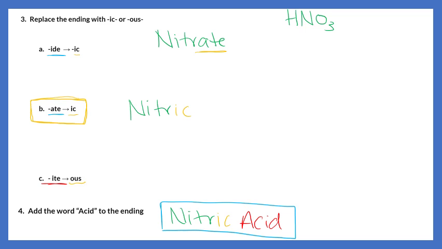So there's something like sulfite. Sulfite turns into sulfurous, okay? Nitrate turns into nitric. Sulfide will turn into sulfic, okay? All right, nice job. That is all that I have for you guys.